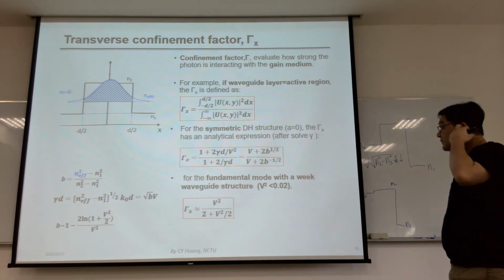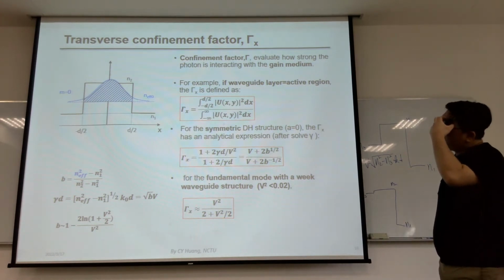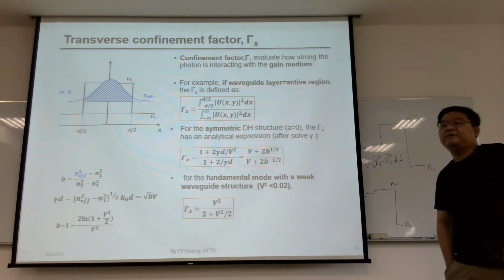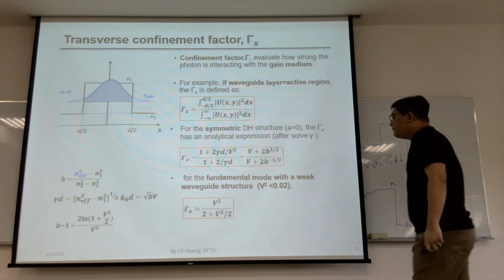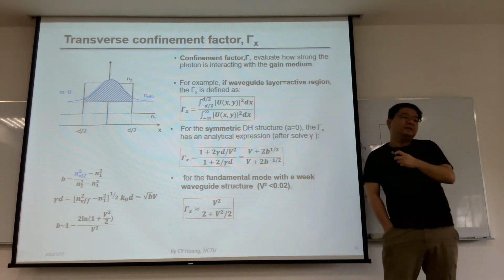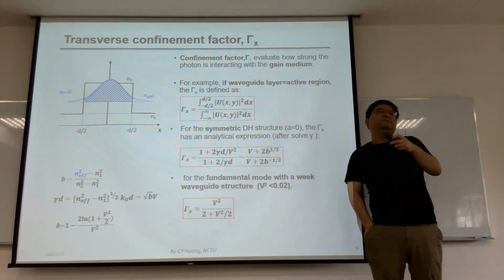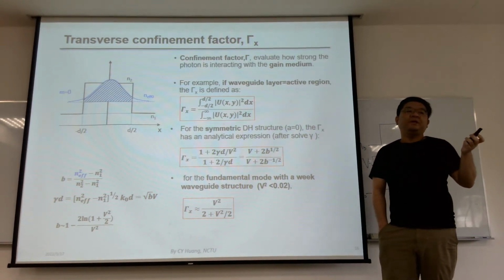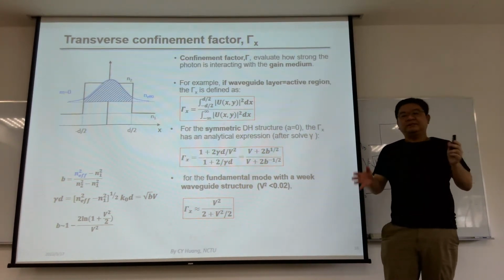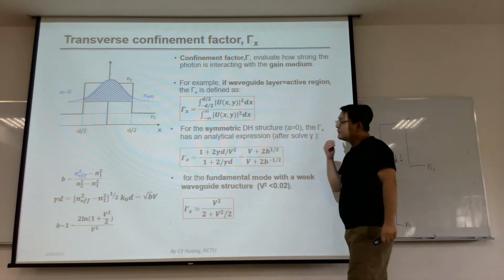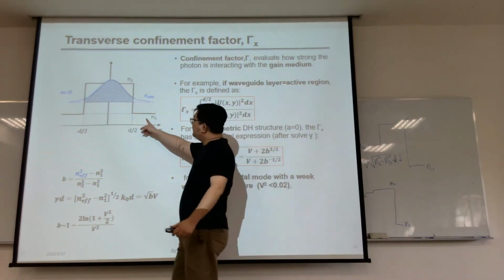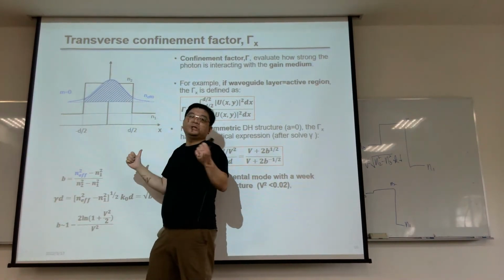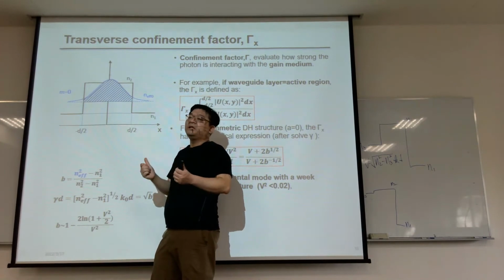Alright. So now we need to define the important term, the confinement factor. By words, it tells you how well the photon is confined by such a waveguide. For a waveguide, if the field is outside the waveguide, it will eventually leave this cavity, so it is not useful.